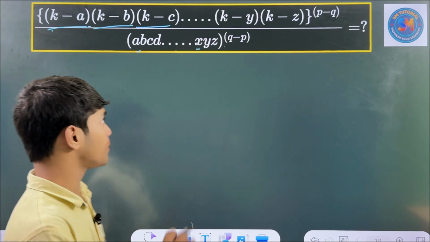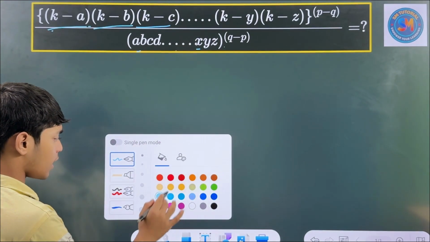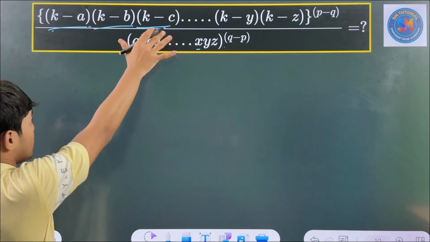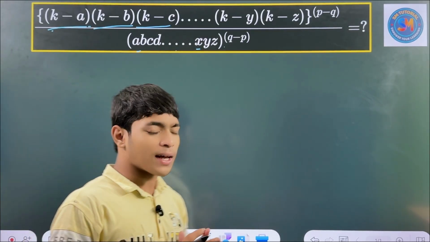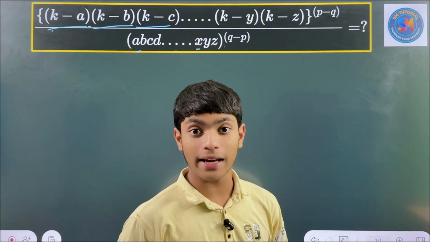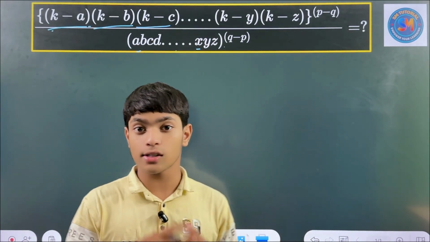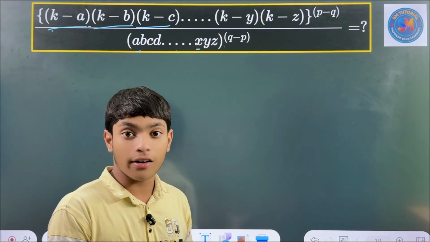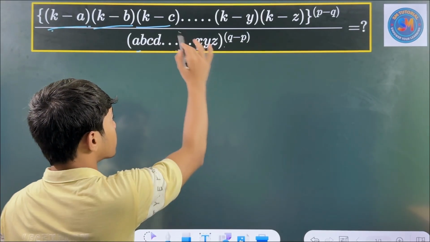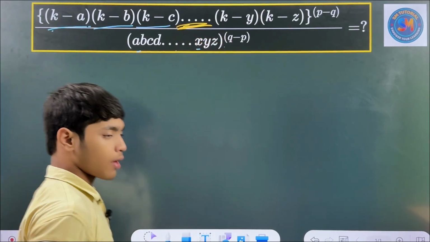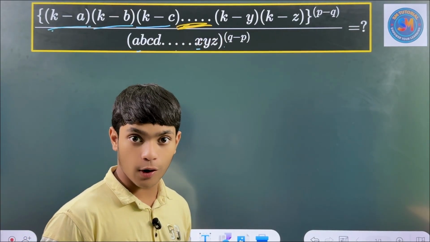For this question, we can solve it like this. Just imagine in your mind that this sequence is going on, but what are the terms in the empty places here?